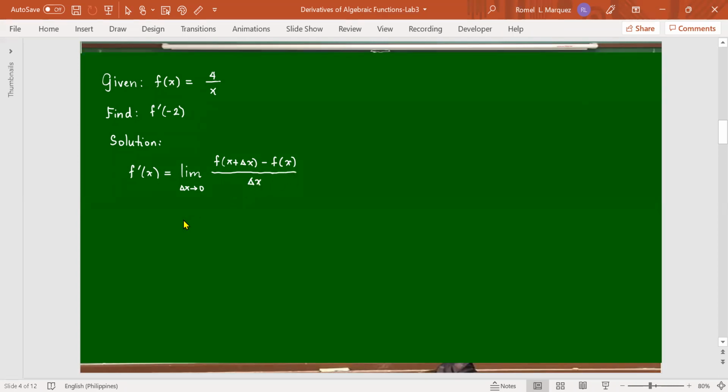Denominator delta x. So this is equal to the limit as delta x approaches 0 of, what is our f of x plus delta x? I'm going to replace x by x plus delta x.